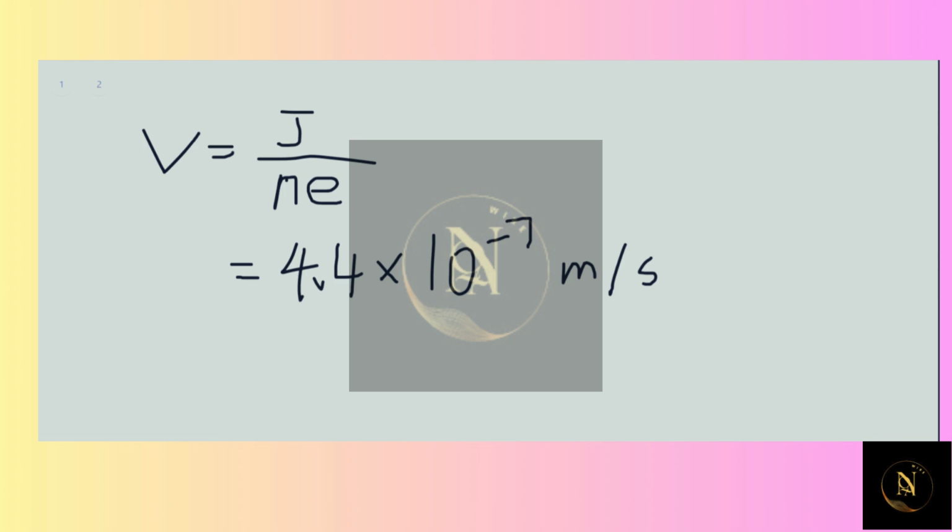So as you can see, the velocity of the electrons is really slow, slower than anything you can see with your own eyes. Maybe you will think it is just static, and the reason is here. The density of the electrons is really large.